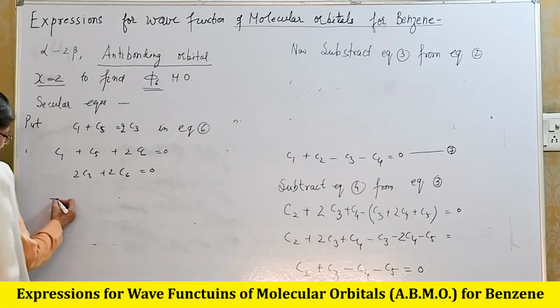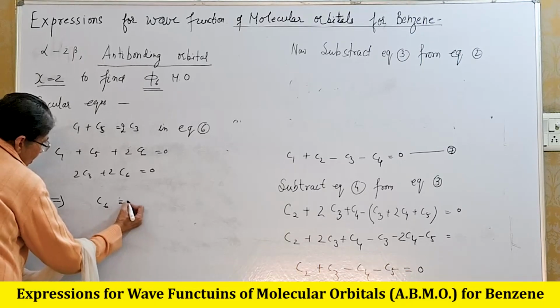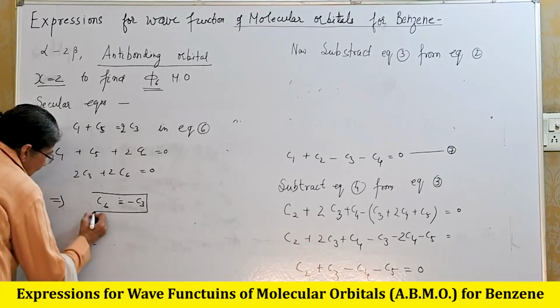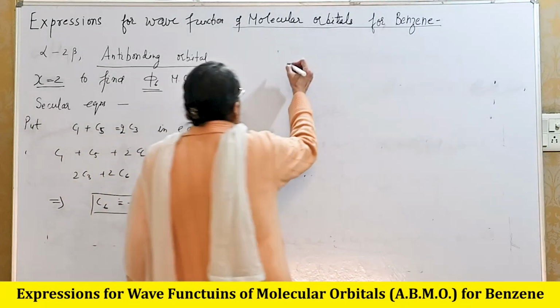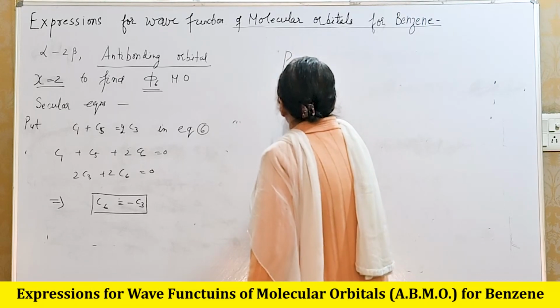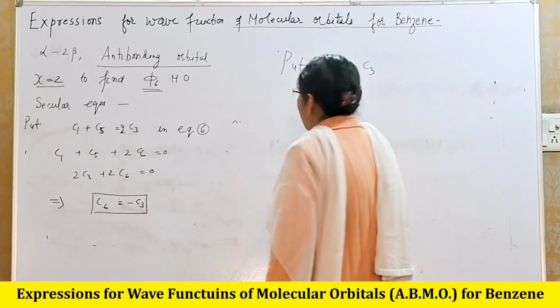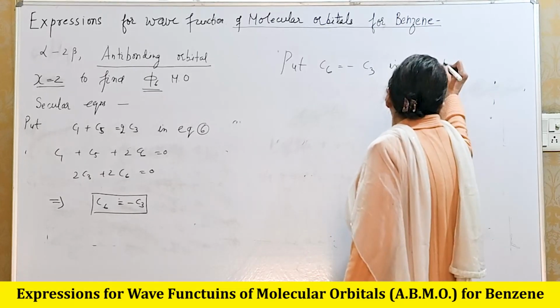It implies that C6 is equal to minus C3. This relationship we got. Put C6 is equal to minus C3 in equation 1.